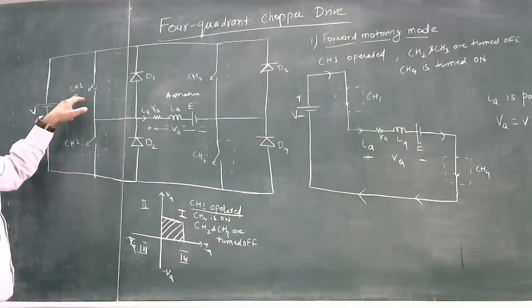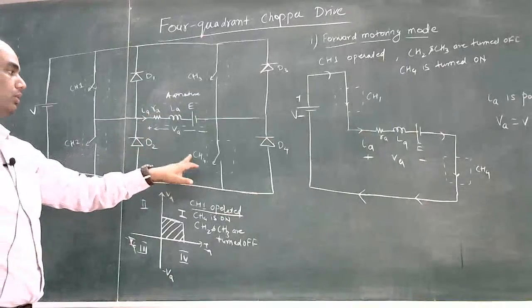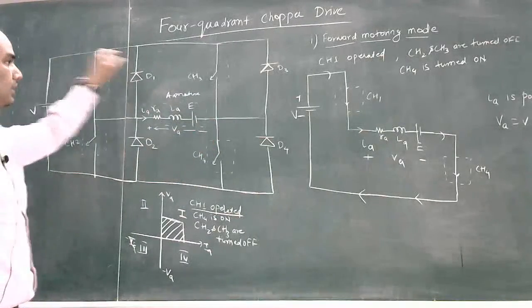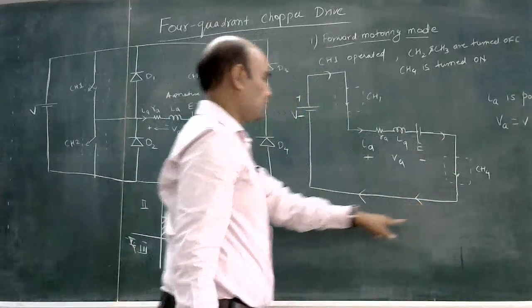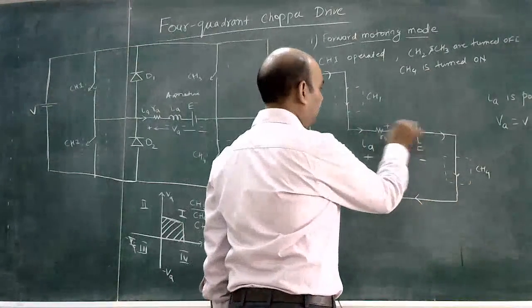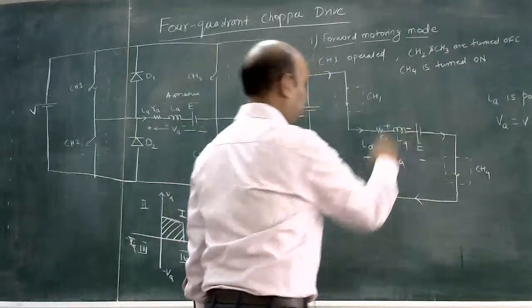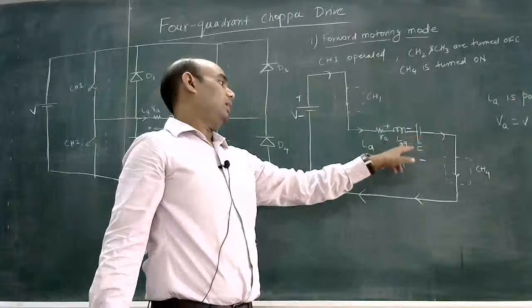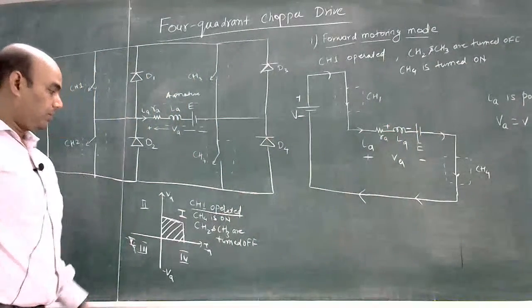We switch on chopper switch 1 and chopper switch 4, so current flows through the circuit. Here the inductor will be charged with IA.